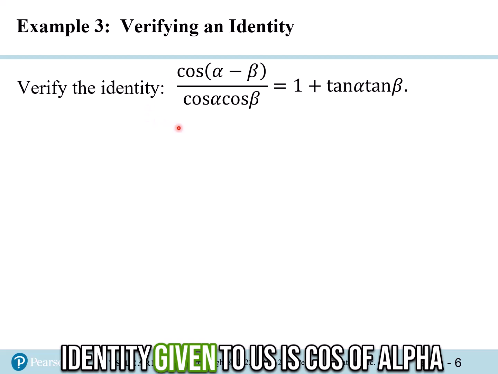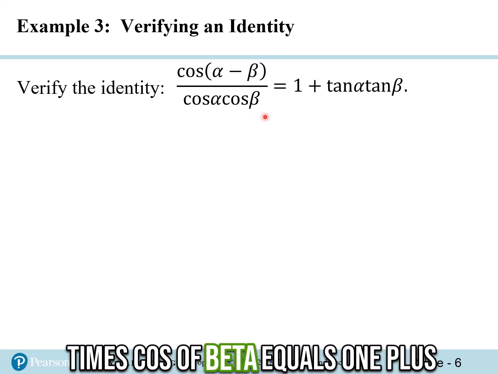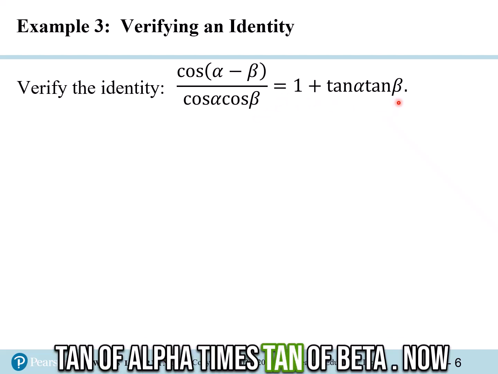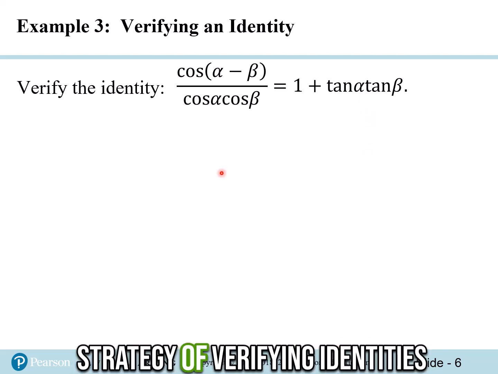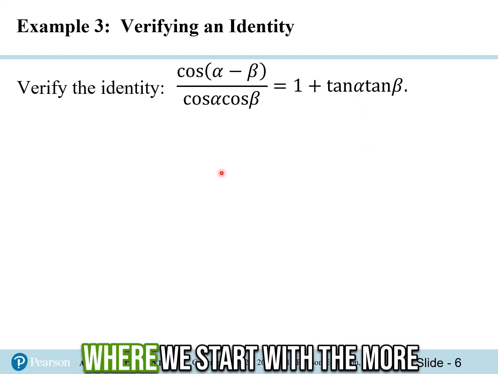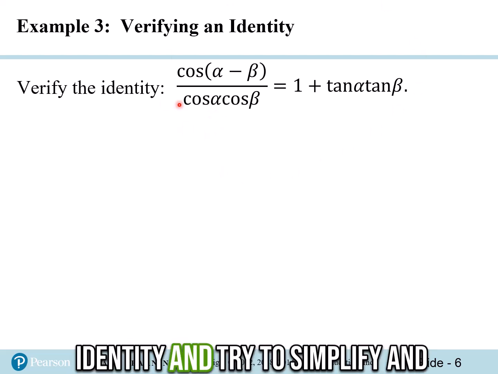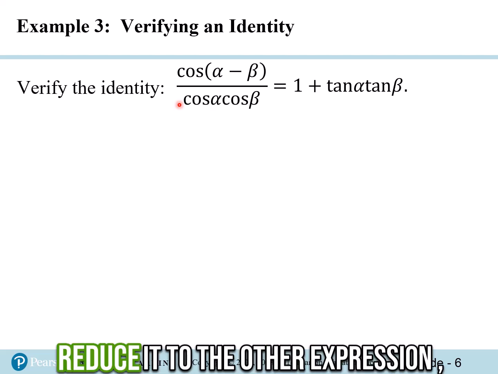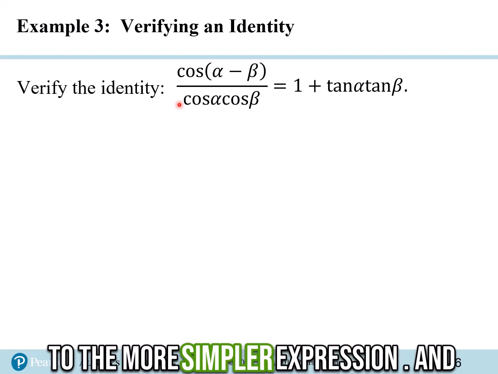The identity given to us is cos of alpha minus beta divided by cos of alpha times cos of beta equals 1 plus tan of alpha times tan of beta. Now, we had discussed previously the strategy of verifying identities where we start with the more complex expression within the identity and try to simplify and reduce it to the other, simpler expression.